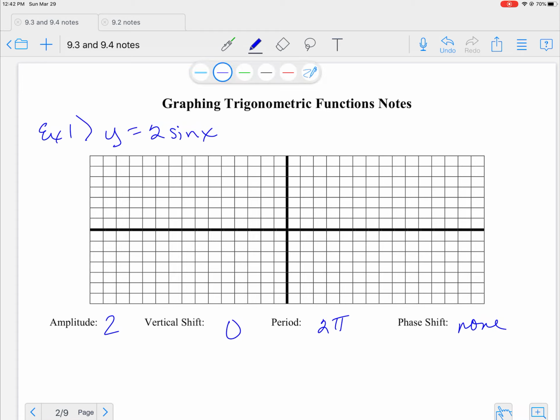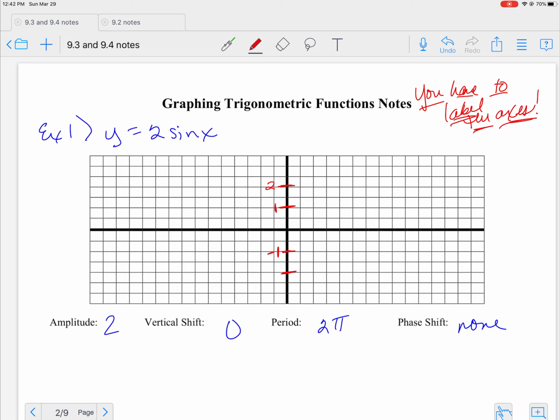All right. So when you graph these, we're going to kick it old school, graphing like what we used to do, right? So the first thing I'm going to look at is my original function. Now a note I'm going to make right here is you have to label the axes. However you label this, that's fine, but you have to put it down there.